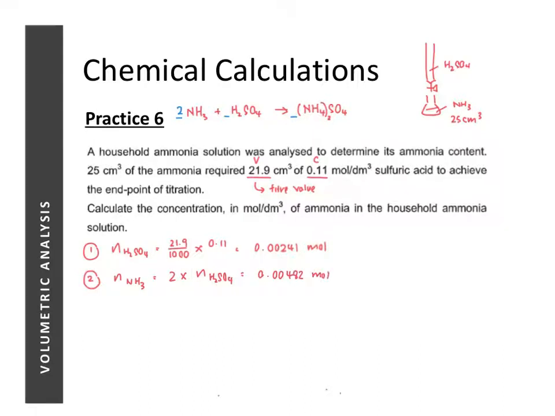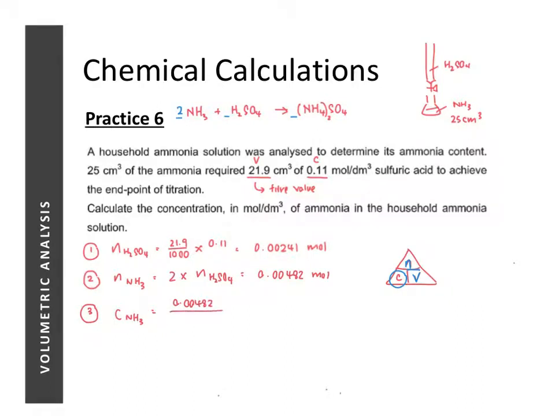Okay, now lastly, step number 3, convert from moles. So now we have the number of moles of ammonia. We need to find the concentration of ammonia. So again we are going to make use of this equation. In order to find concentration, we need to take number of moles divided by volume.